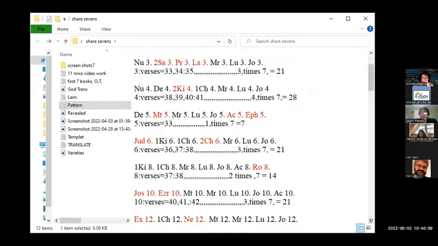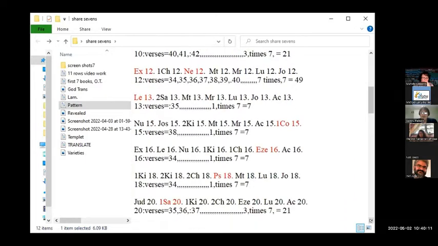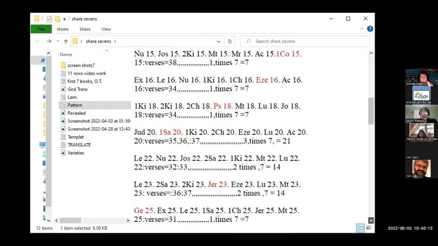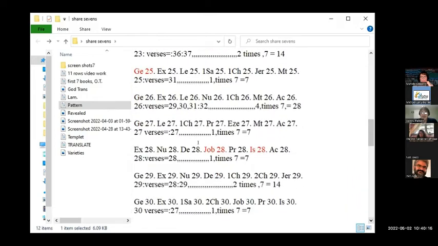So it keeps going all the way down to chapter 28. And these are the last books that are represented. So now they're all called for. Genesis 25 is the first time Genesis actually showed up in the pattern, and after that, Genesis keeps repeating itself.